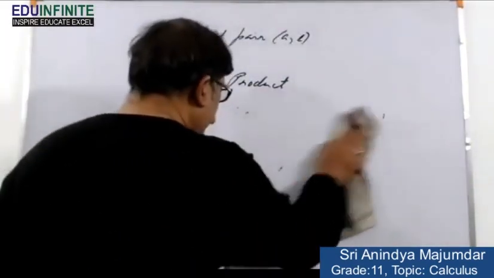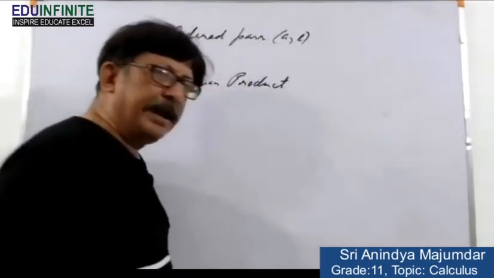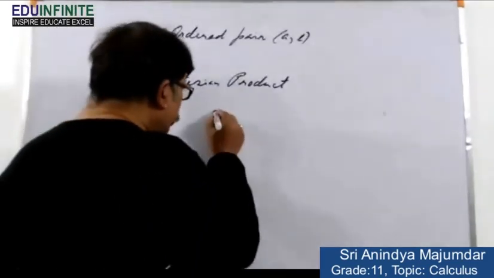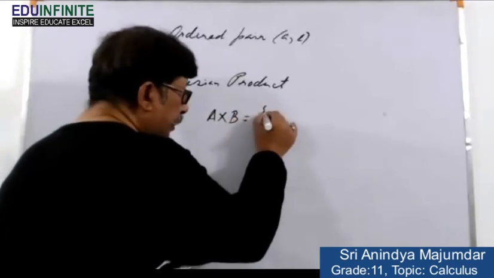So Cartesian product. What is Cartesian product? I have already given you A cross B, where both of them are non-empty. Now, why non-empty? I will explain it immediately.